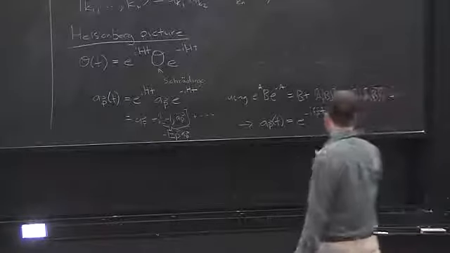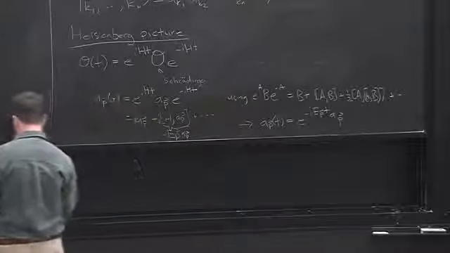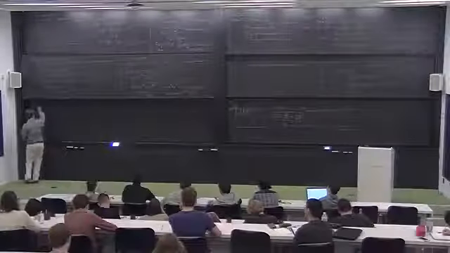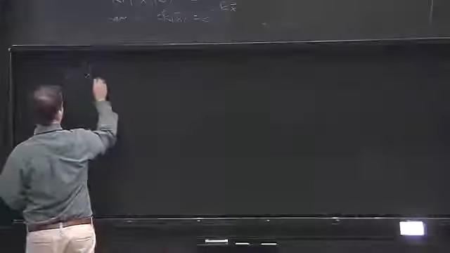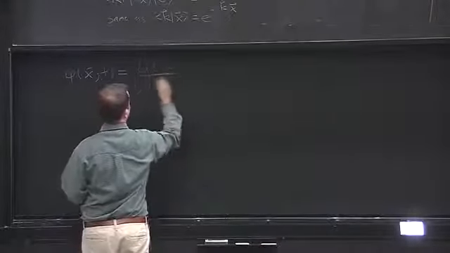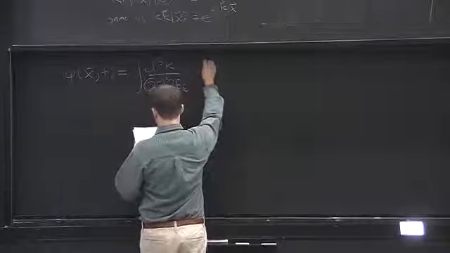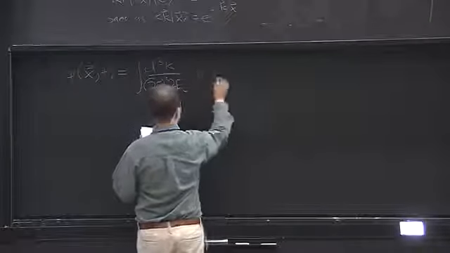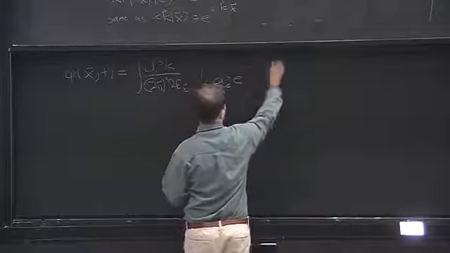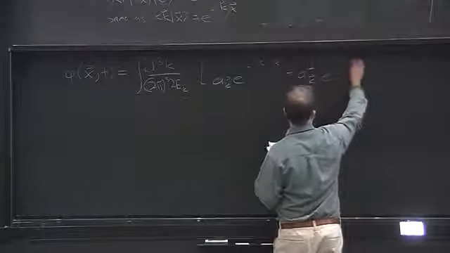And so, using this and the analogous equation for the creation operator, we can write the Heisenberg picture field operator as a_k e to the minus ik dot x plus a dagger e to the ik dot x.